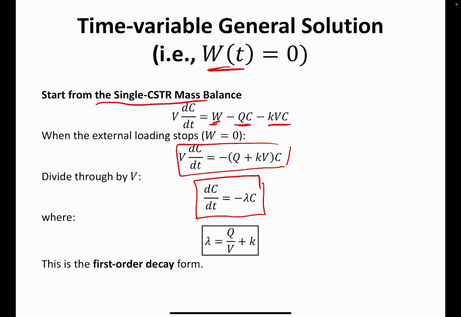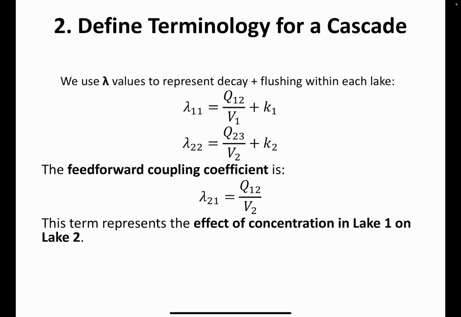But in the general equation, when you mention lambda 2,1, for example, it means the effect of a load into lake 1 on the concentration in lake 2. So the load of 1 is going to change the concentration in 2, and that is lambda 2,1. Let's also define some terminology.